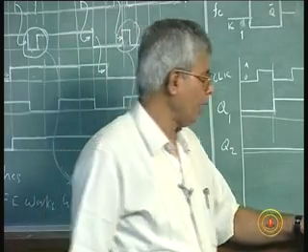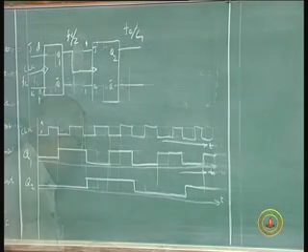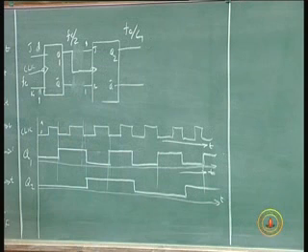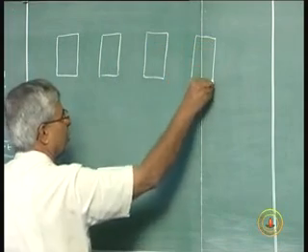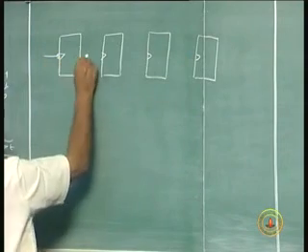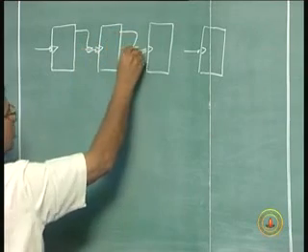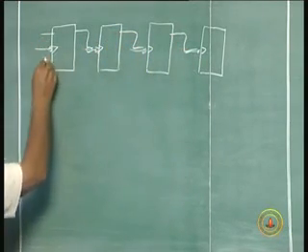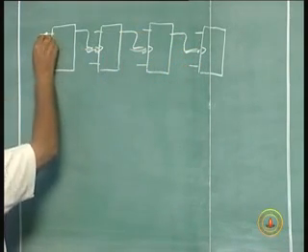Now, I don't have space here to draw these waveforms. Supposing I have four JK flip-flops, negative edge triggered.